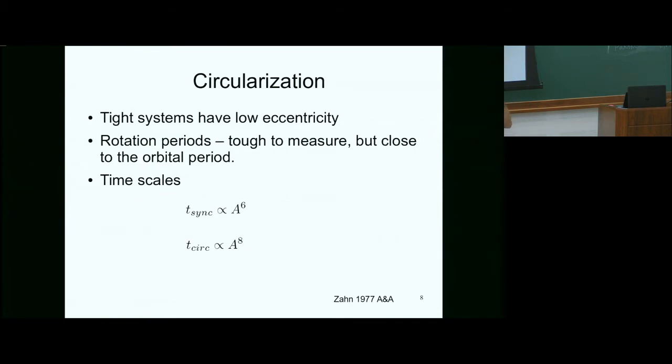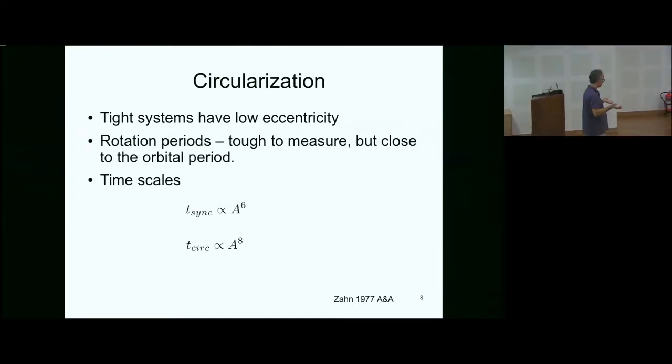Once the stars start to evolve and become large enough to fill their Roche lobes, the tides become very important, and there is also hydrodynamical friction, because a rotating star that fills the Roche lobe is not spherical anymore. So there is lots of friction when you try to rotate a star within its Roche lobe.